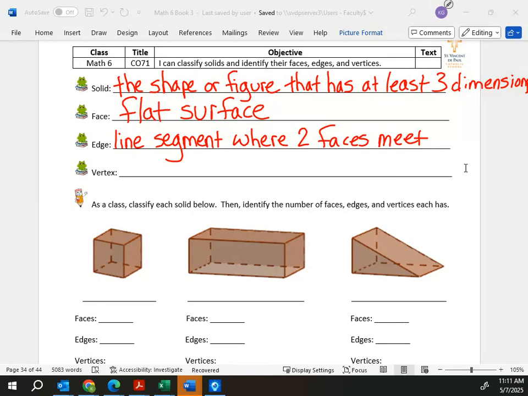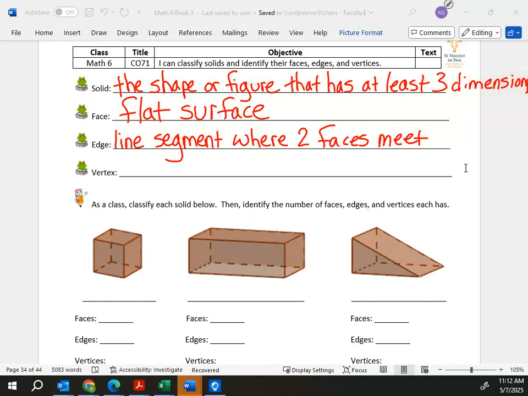So if we look at my Kleenex box, our faces are those flat sides. Any flat side is a face. The edge is where one face meets the other face. So it's that edge part.